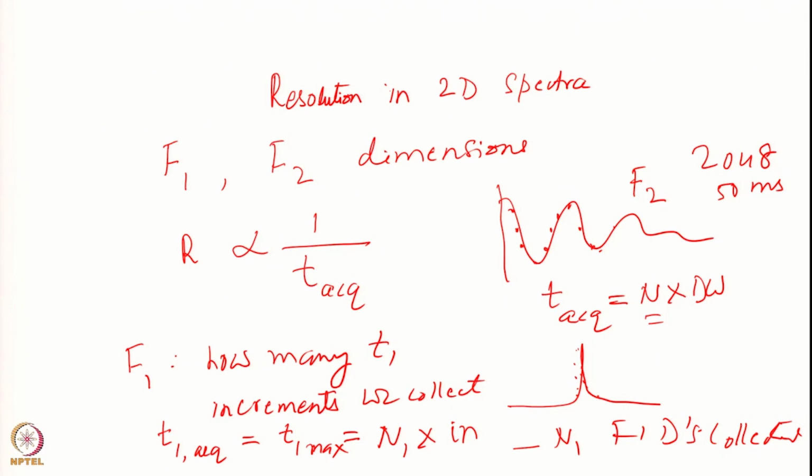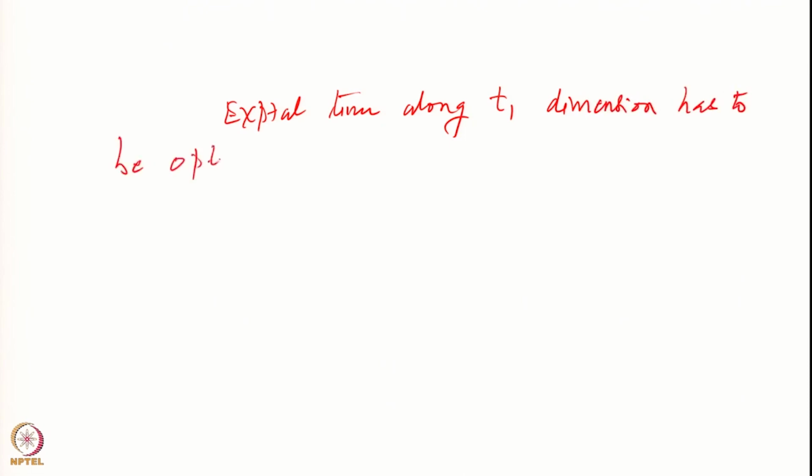Therefore, the number of increments is crucial with regard to the acquisition in the F1 dimension. So, the experimental time along the T1 dimension has to be optimally adjusted for the resolution we want.